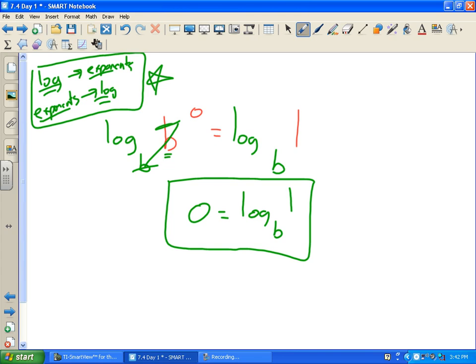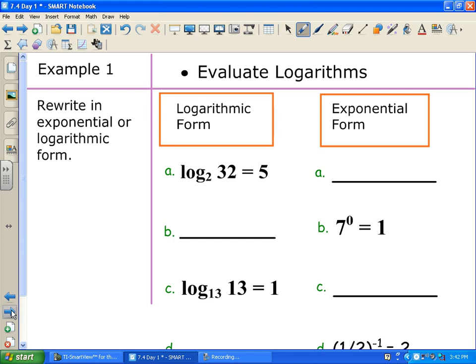Those are inverse properties. We're going to use inverses here with logs and exponents. First thing that we're going to do, all we're going to do is rewrite things from logarithmic form into exponential form. These things are saying the same thing, they just look different.